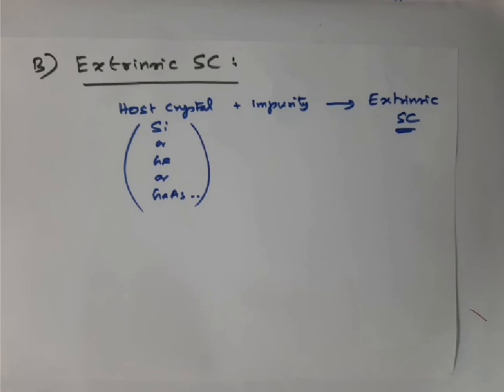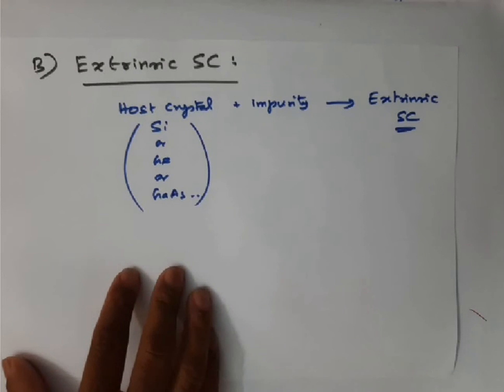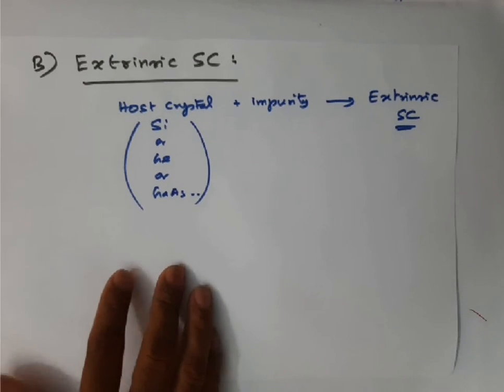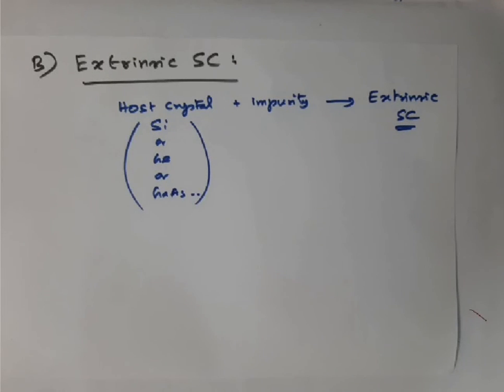But the numbers are very small. Therefore, intrinsic semiconductors generally show less conductivity. That's why in most electronic equipment, people won't prefer intrinsic semiconductors.